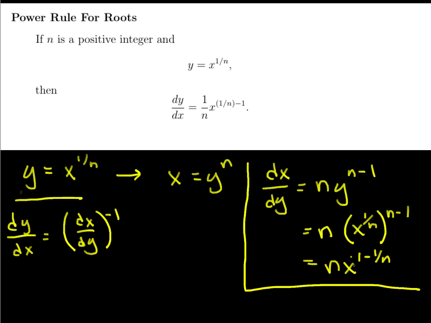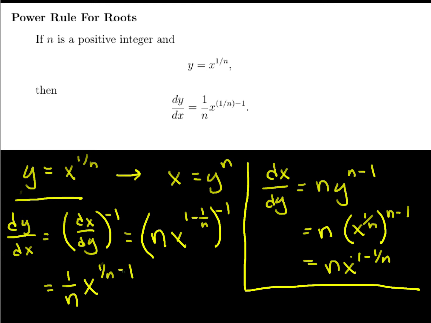And dx/dy, we just calculated, is equal to n x to the 1 minus 1 over n, to the minus 1. And the reciprocal of n is 1 over n. And when I distribute this negative through my exponent, it just flips the order of subtraction. So this is x to the 1 over n minus 1, exactly as we promised.